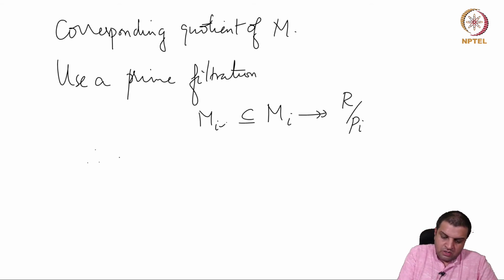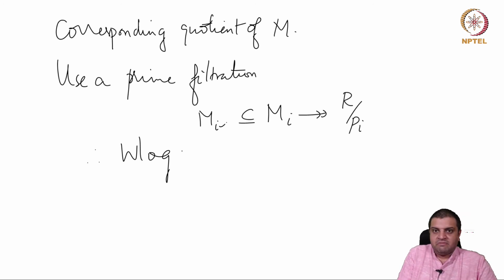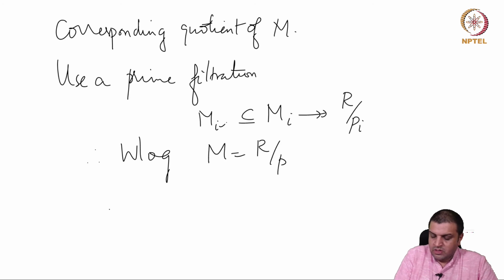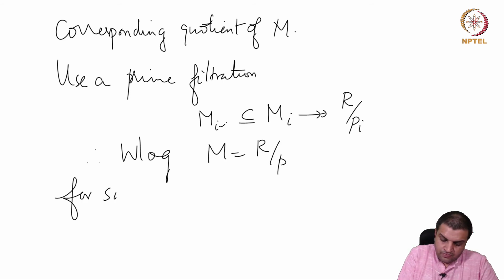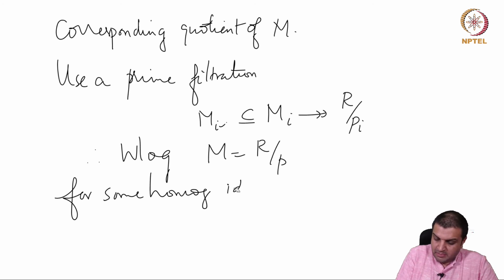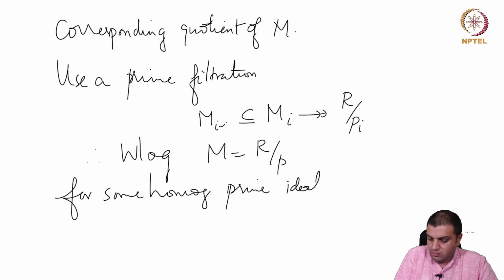So without loss of generality, since every module has a finite prime filtration, we can assume that M is R mod P for some homogeneous prime ideal P. But now there is a non-zero divisor on a non-zero prime ideal P with positive dimension.